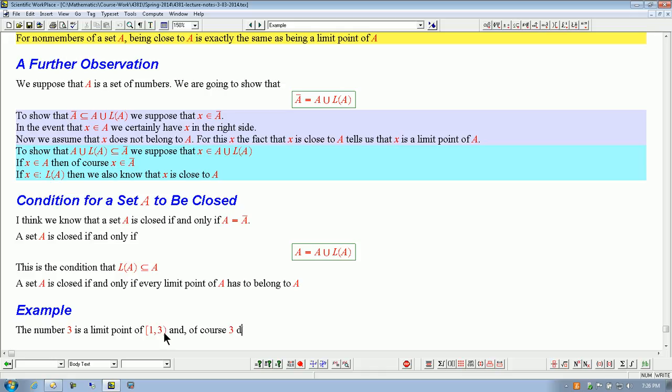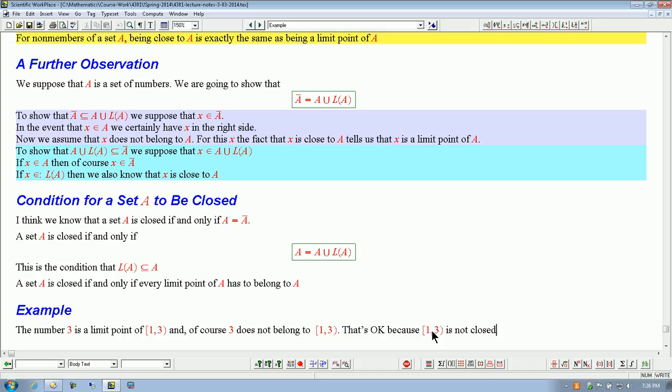3 does not belong to this interval. You understand? Well, that's okay, because this interval is not closed.